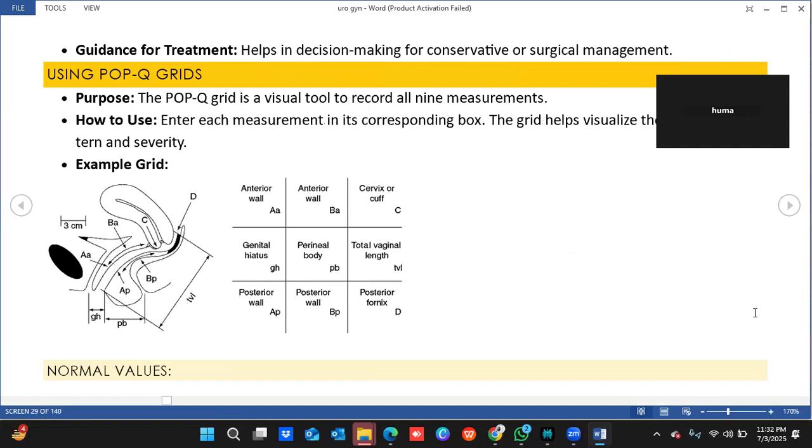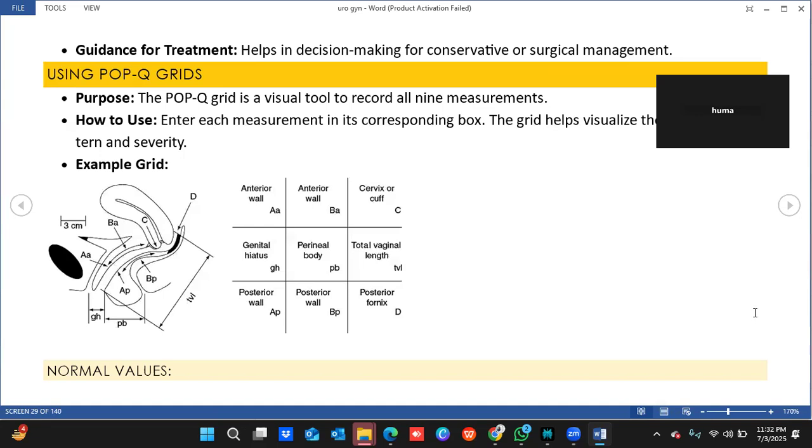The POPQ grid is a visual tool to record all 9 measurements, and now I will tell you how to use it. The grid helps visualize the prolapse pattern and severity. Now look at this diagram. You can see Aa, which is the lower part of the anterior vaginal wall.